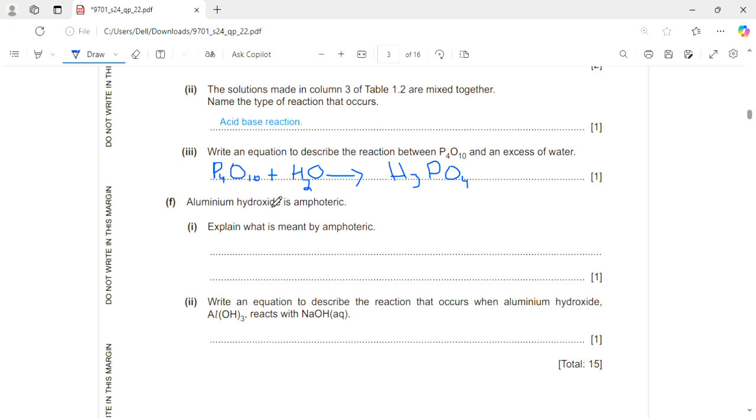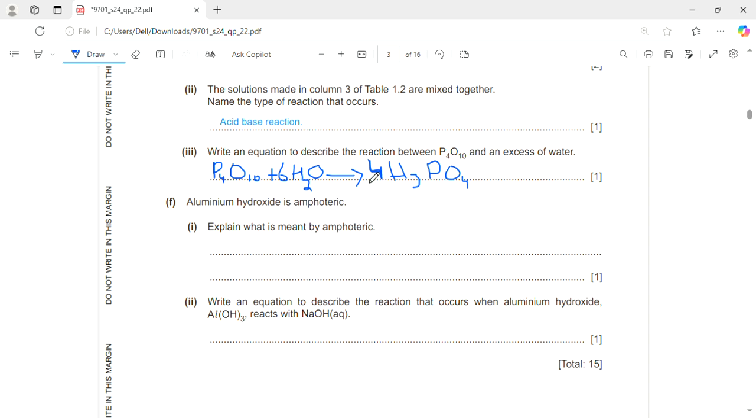But here the equation is not balanced. There are two hydrogens, so we must rebalance: 6H2O here and 4 H3PO4. On the left-hand side, the reactants have 4 phosphorus, and the products have 4 phosphorus.